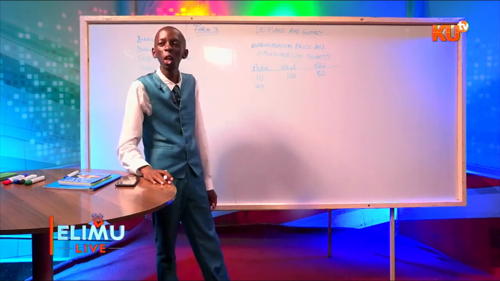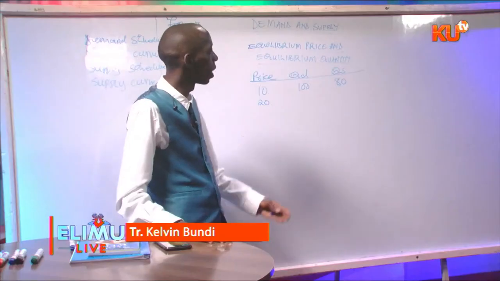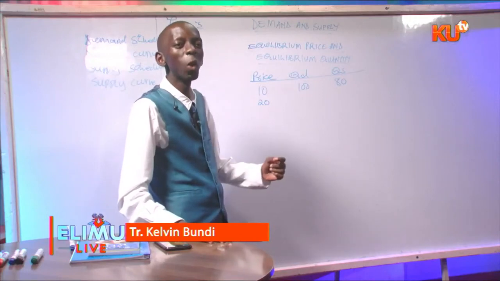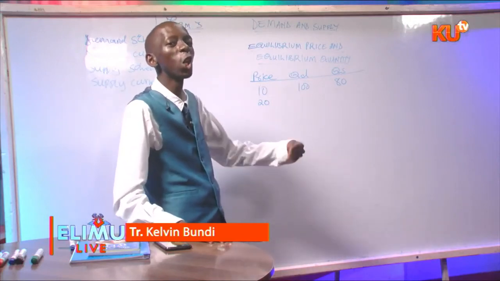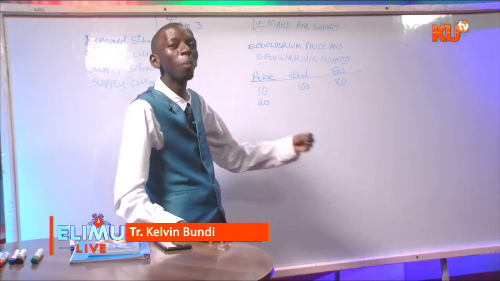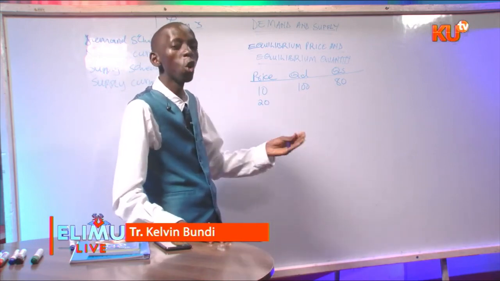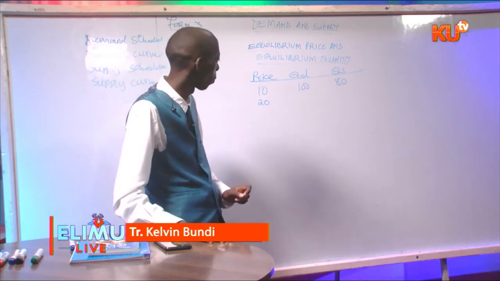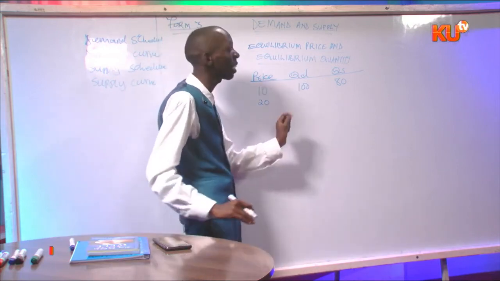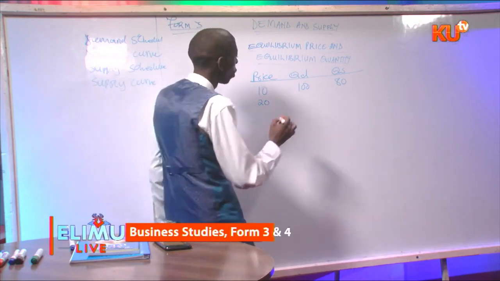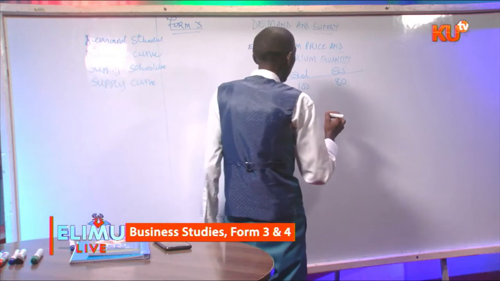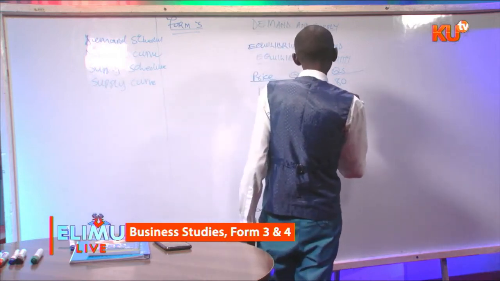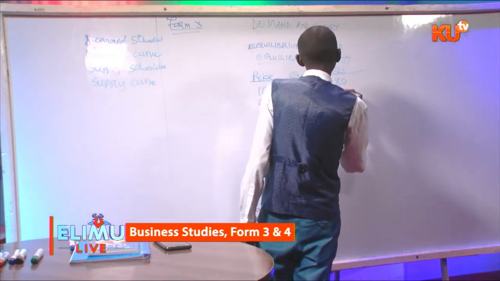According to the law of demand, when the price increases, the quantity demanded decreases, because buyers will not be willing to buy a product which is expensive compared to a product that is affordable. The quantity supplied will increase.